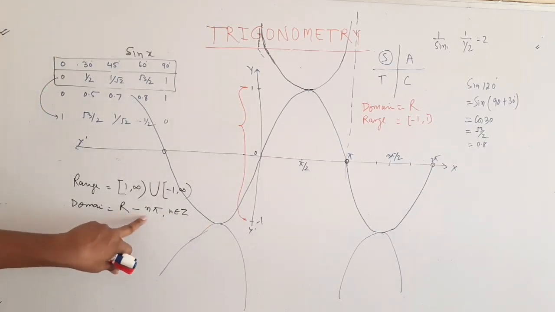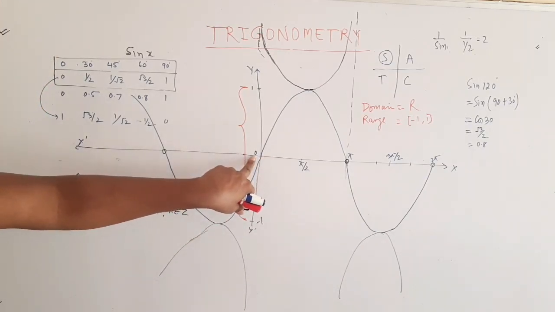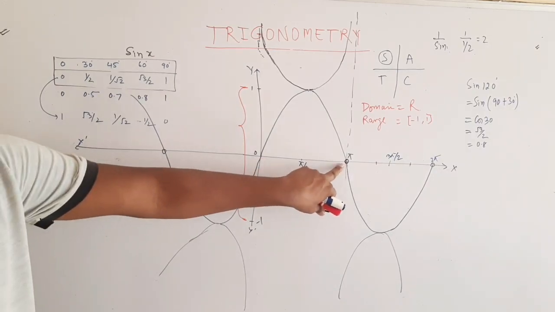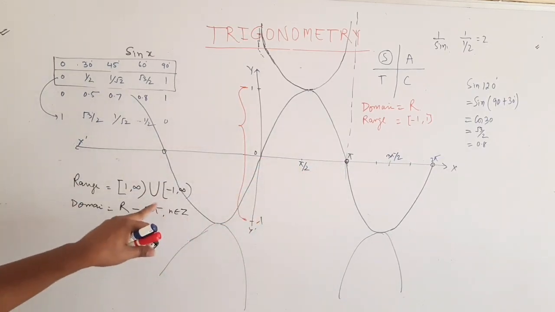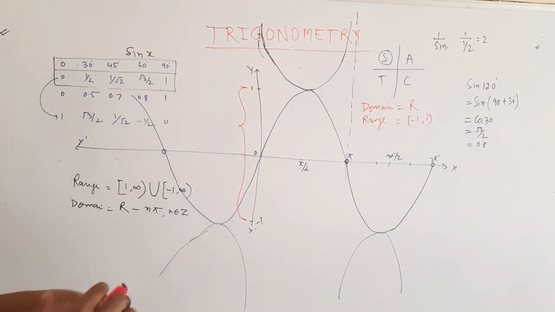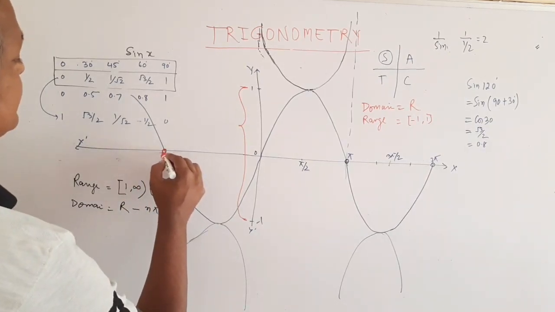So R minus n pi means it cannot be 0, pi, because there 1 upon 0 is undefined. Wherever the sine function cuts the x-axis, that cannot be in the domain of the cosec function.